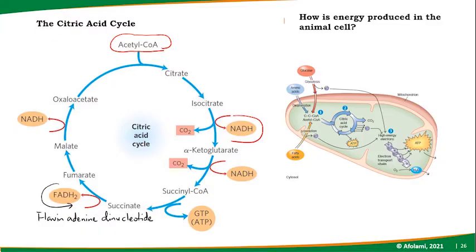And like NADH, it's also a high electron carrier. We'll meet it during the electron transport chain. Like NADH, it exists in 2 forms: the reduced form and the oxidized form.